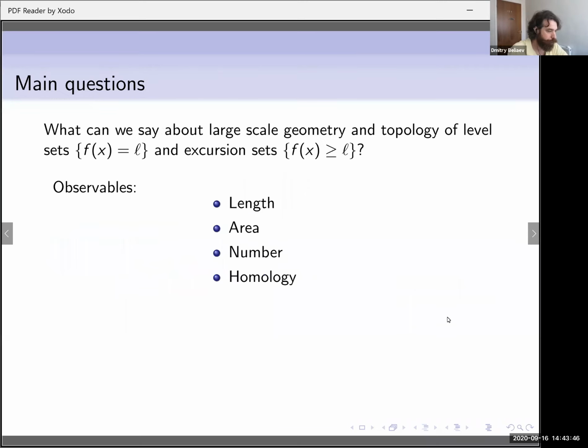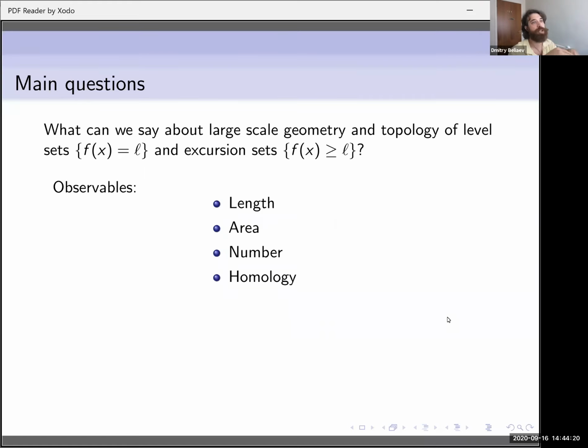Okay. Now, what kind of questions do we ask? So first of all, we are interested in large-scale geometry. And most of large-scale geometry can be described in terms of either level sets. So it means that you fix a level, and then you look at set of points where f is equal to L. So our function is a real function of two variables.